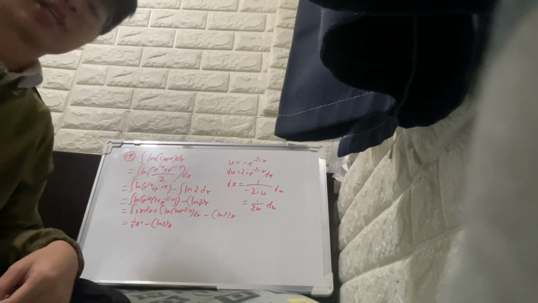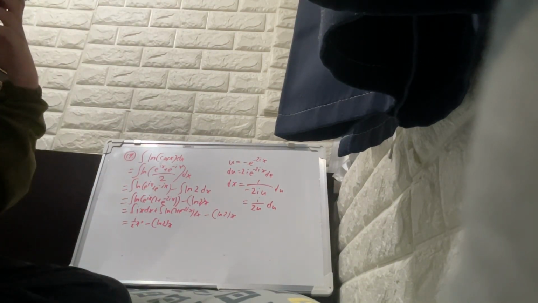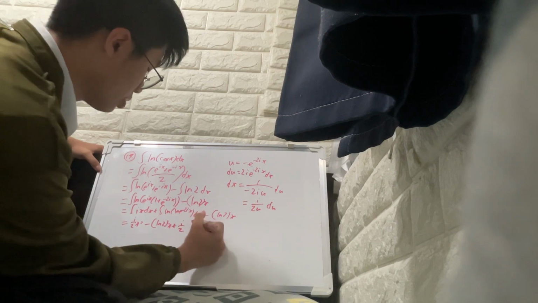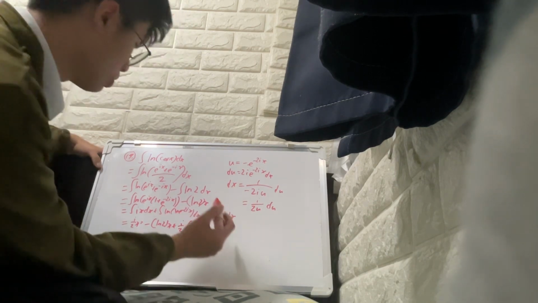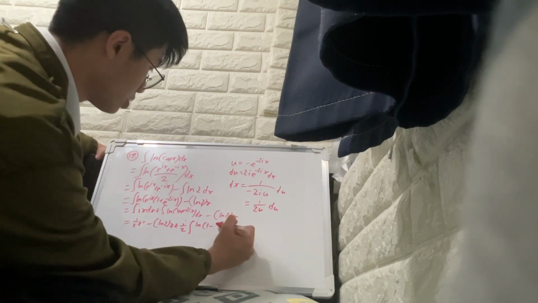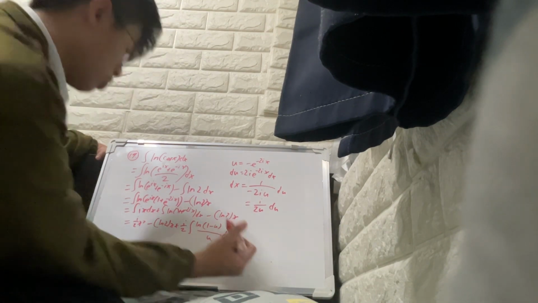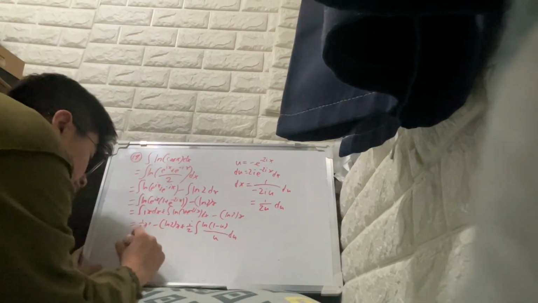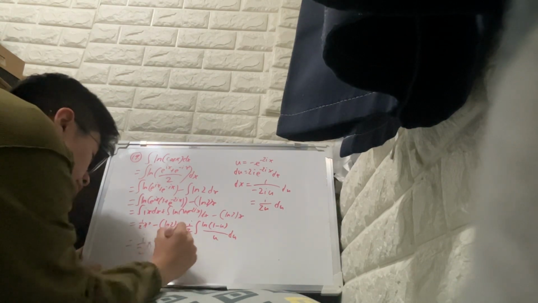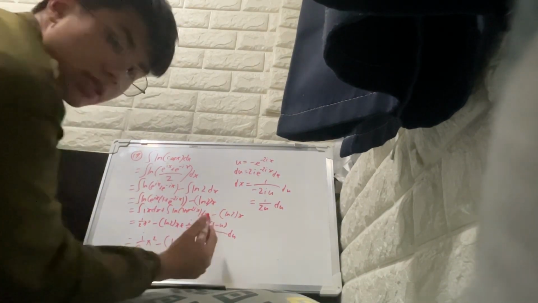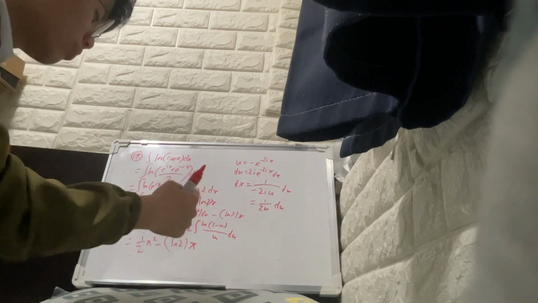You need to do this really fast. Just simplify it really fast. i over 2 is a constant, put it outside. i over 2 times ln of 1 minus u, over u, right? So our answer is just i over 2 x squared minus ln 2 times x plus, but be sure this is a negative, because if you integrate this it gives you negative Li2 of u, right?